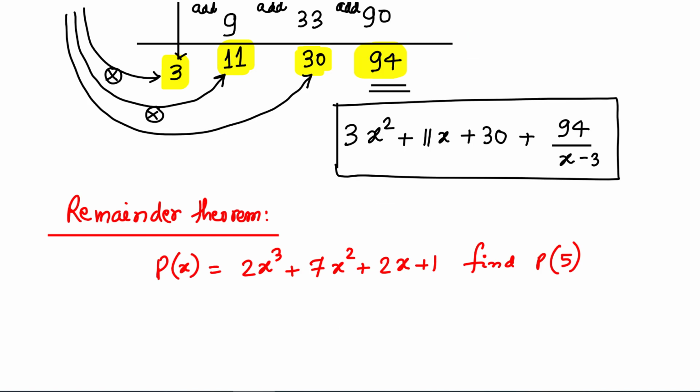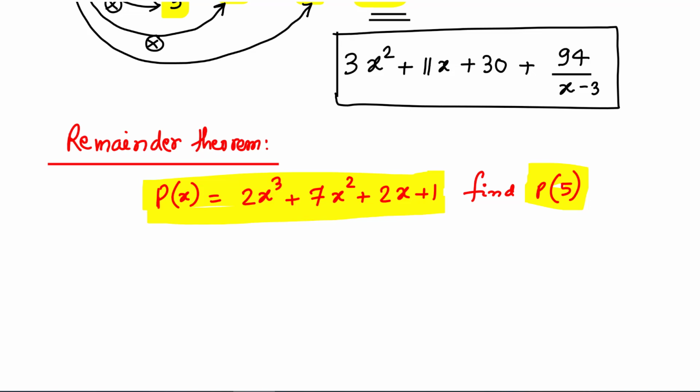Now I will illustrate one example for the remainder theorem. In this case we have a problem, and P(x) is equal to this. This is given, and we have to find the value of P(5). So what is the value of P(5)? This means, when x is equal to 5, what will be the value? You can calculate using the traditional method, that is put x equal to 5.